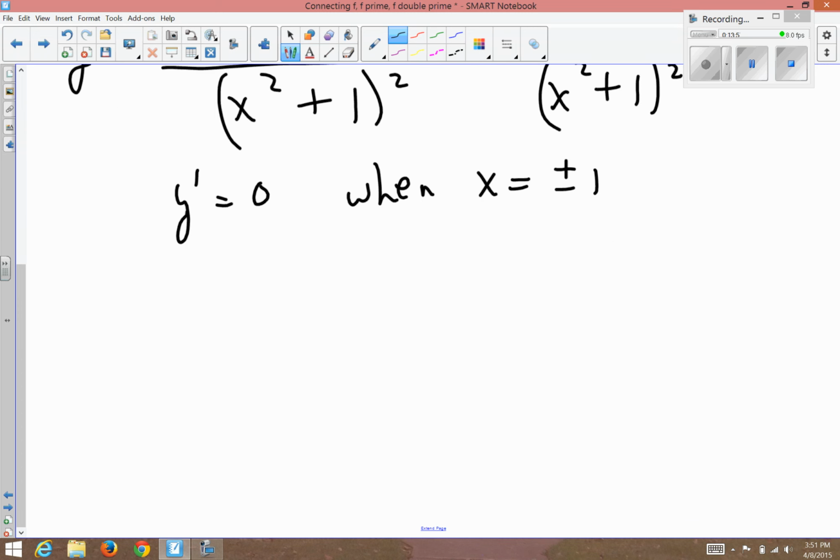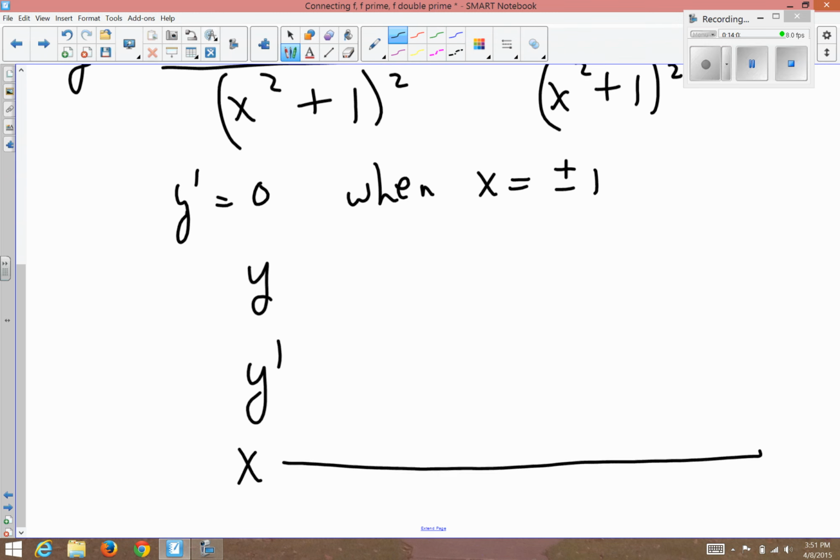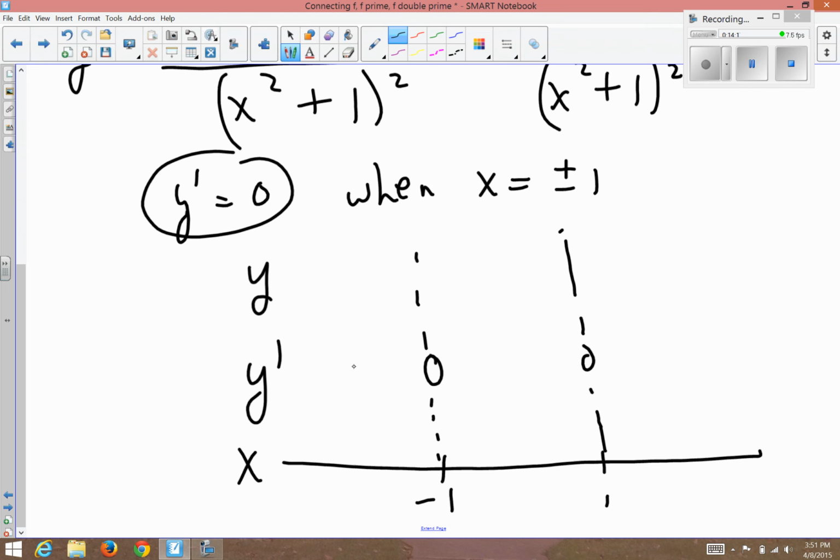When we make this chart, y prime and x, we locate the critical values. X values that make the derivative 0 are called critical values. In this case, negative 1 and 1. I'm indicating the reason these are critical values. y prime is 0 when x is negative 1 or when x is 1.